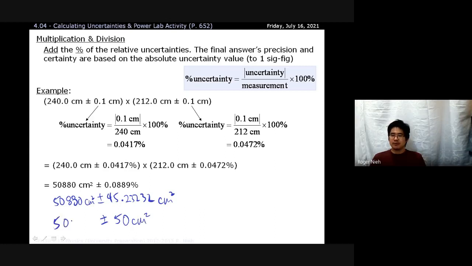Your final answer would be 50,880 centimeters squared. You can see that you've rounded coincidentally to the nearest tens, and the uncertainty is also to the nearest tens as well. Okay, and then that would be your correct final answer: 50,880 centimeters squared plus minus 50 centimeters squared.